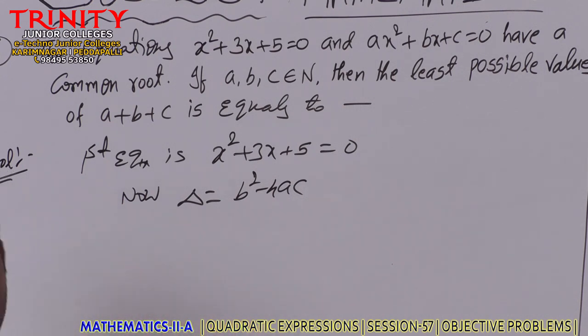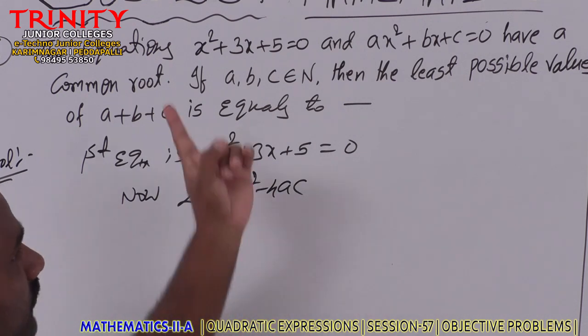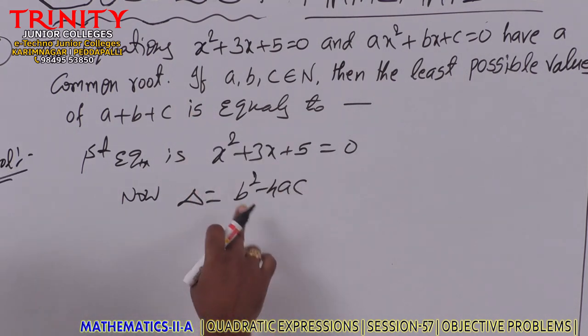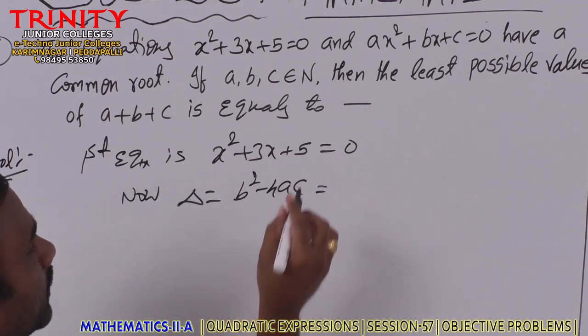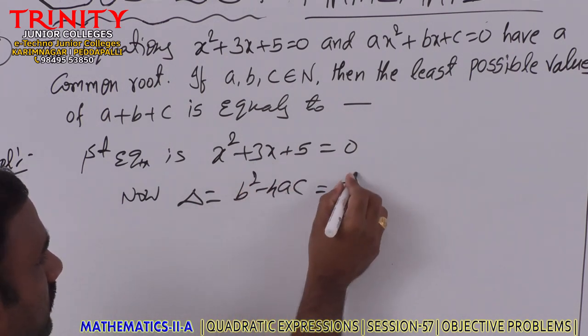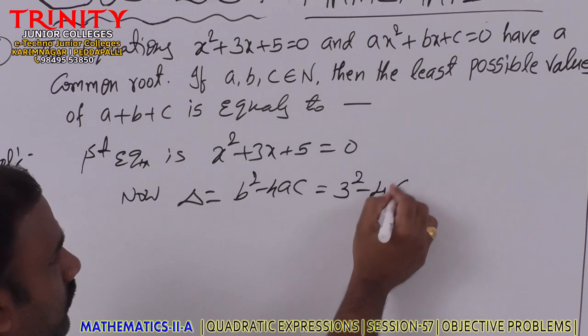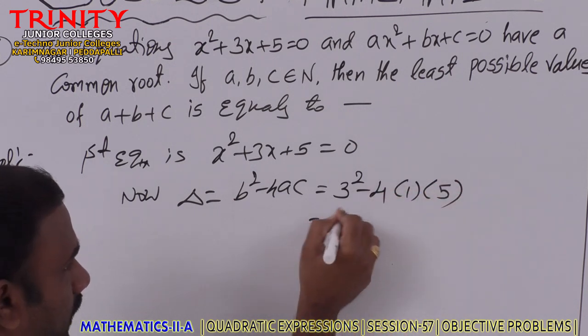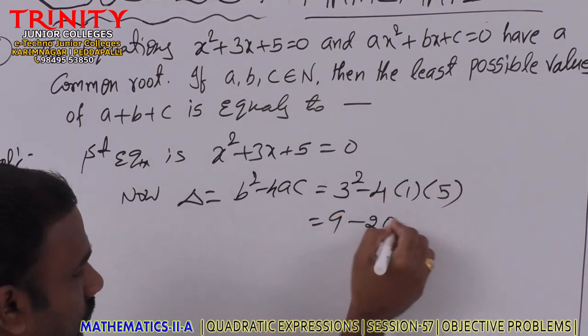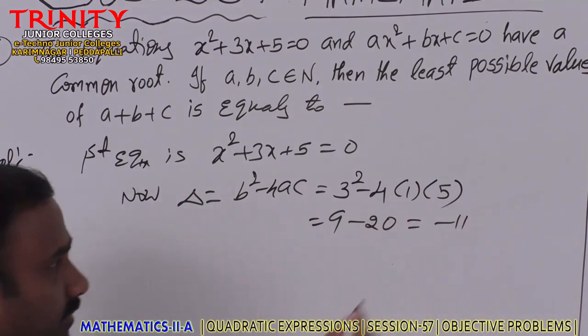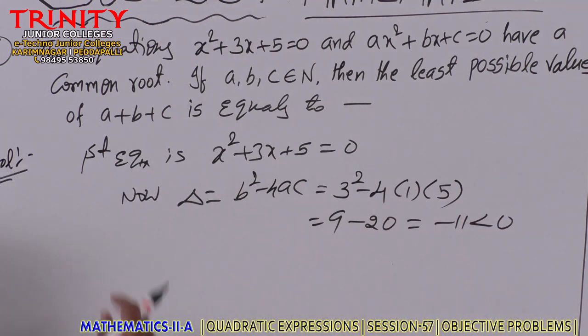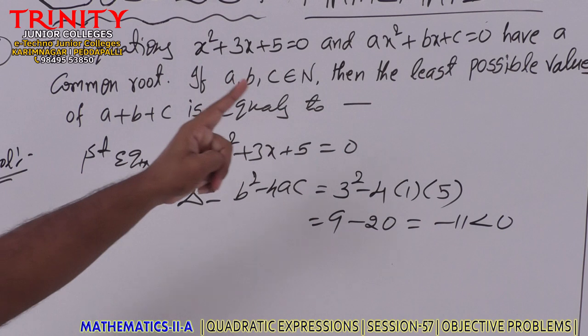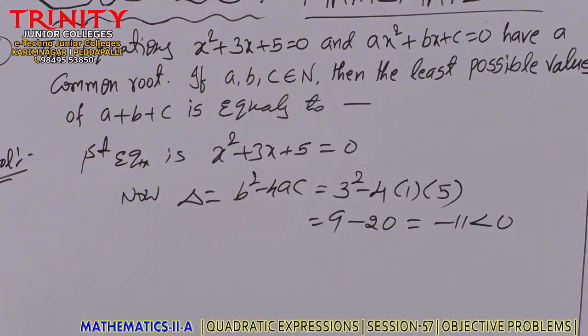Both the roots are common for the two equations. b square minus 4ac, b square is 3 square, 4ac is 4 into 5, so 9 minus 20, that is nothing but minus 11, which is less than 0. Discriminant is less than 0, therefore the roots are imaginary, and then the two equations have both the roots common.